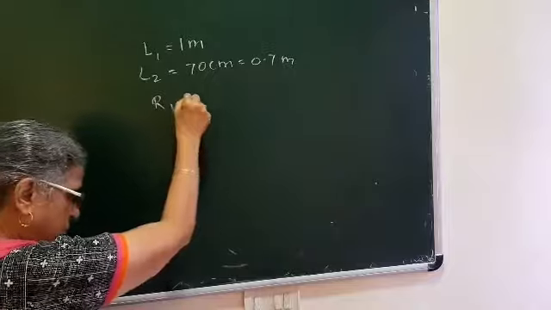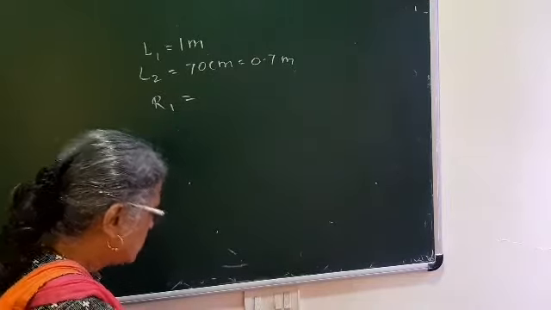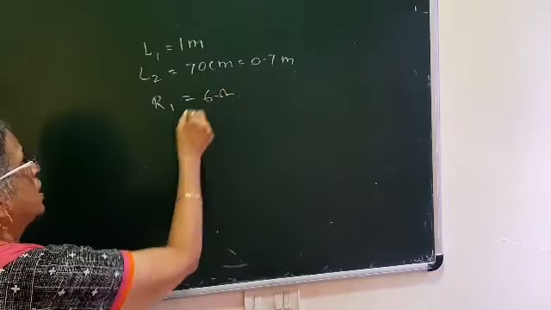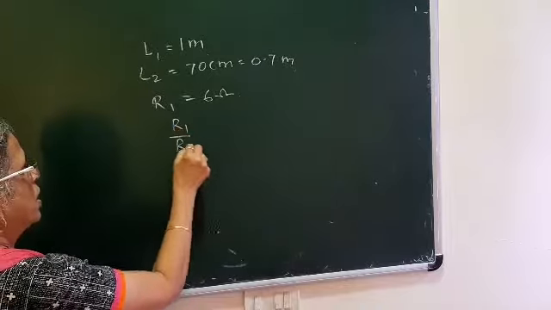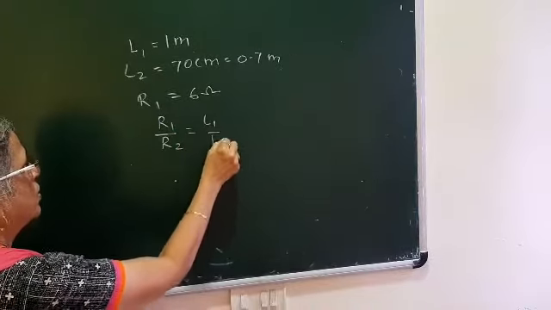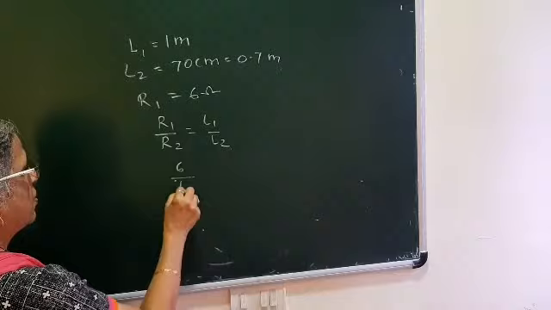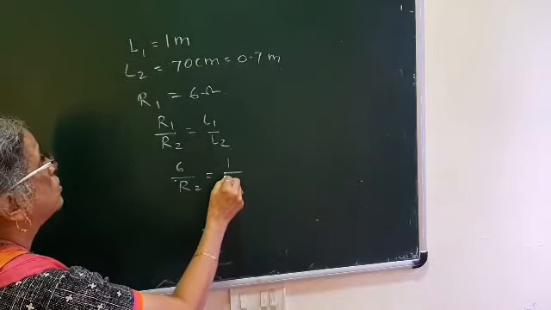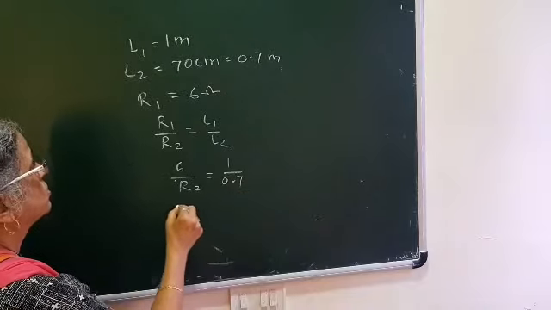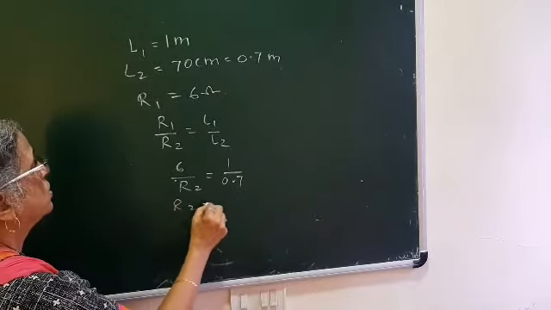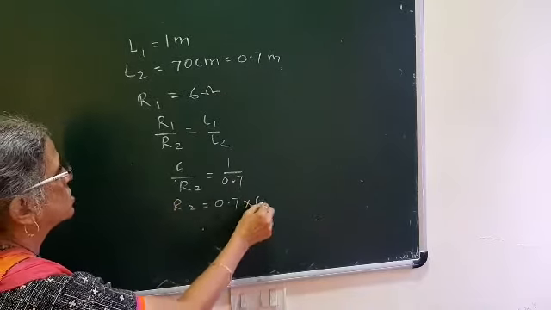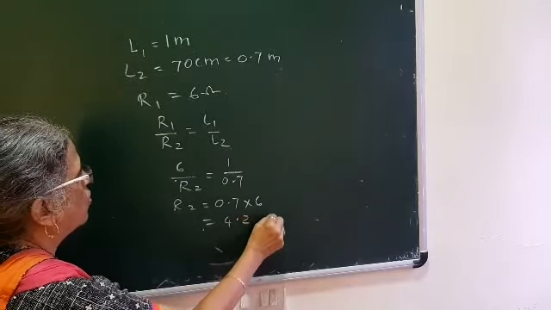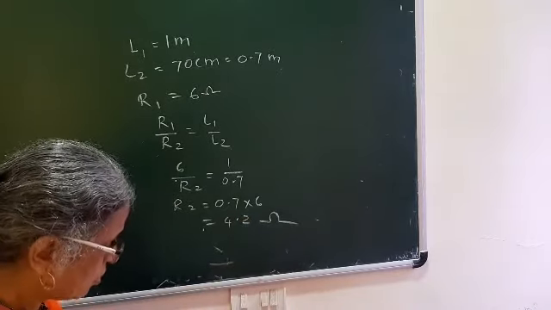R1 they have given as 6 ohms. So we have R1 upon R2 is equal to L1 upon L2. So 6 upon R2 is equal to L1 is 1 upon L2 is 0.7. So R2 is equal to 0.7 into 6, so 4.2 ohms. That is the answer for the first question.